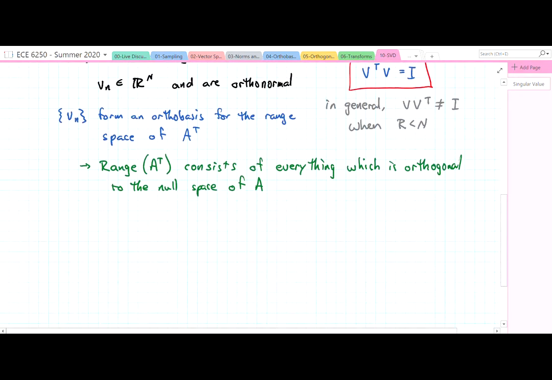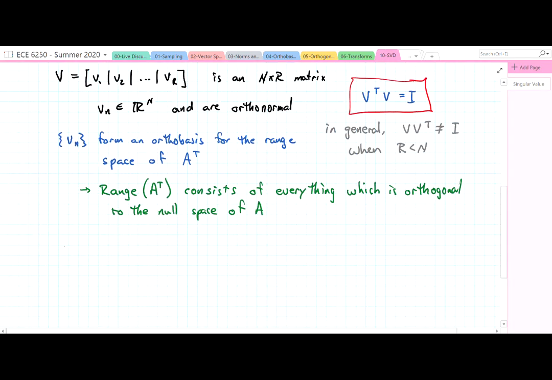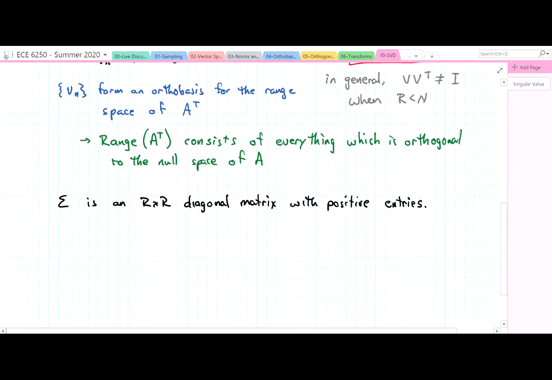Now finally, let's figure out about this sigma. In this case, sigma is an R by R diagonal matrix in which all the diagonal entries are positive. So it's going to look like this.